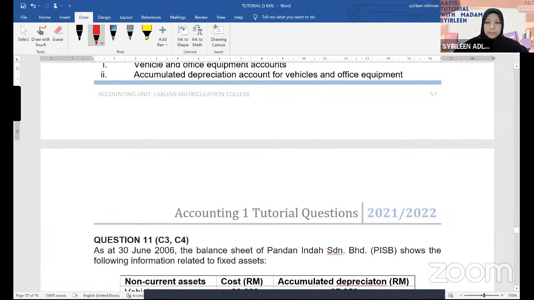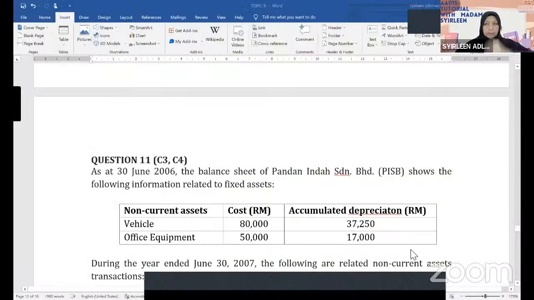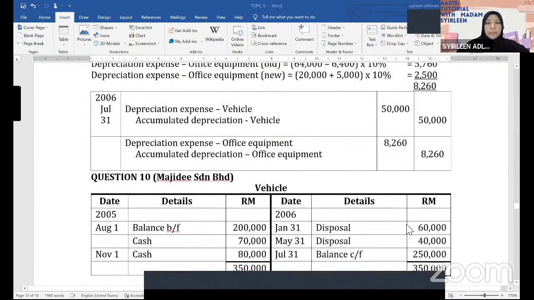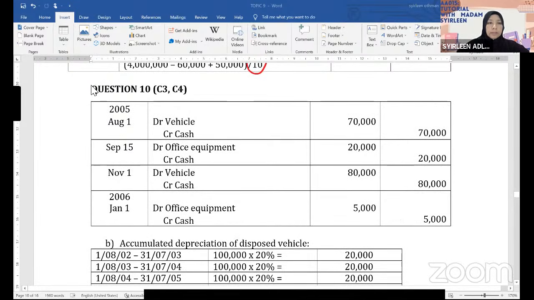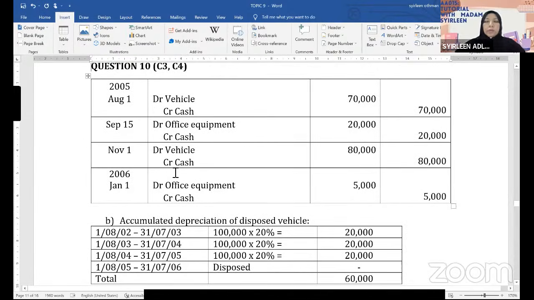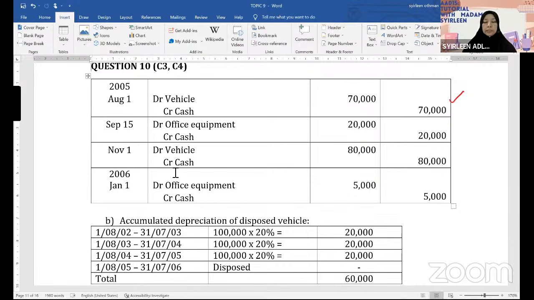Before I proceed to my ledger, I'll show you my journal first. So this is my journal for the particular question. On August 1st, 2005, we bought a vehicle. Because later we will transfer it into the ledger, you need to have all these transactions inside your ledger as well.